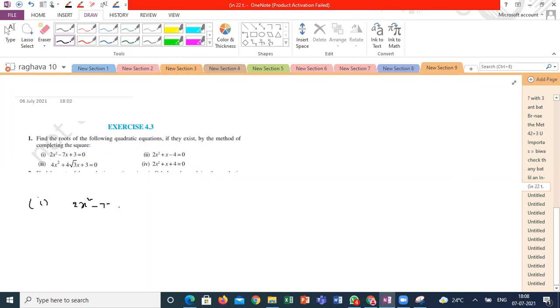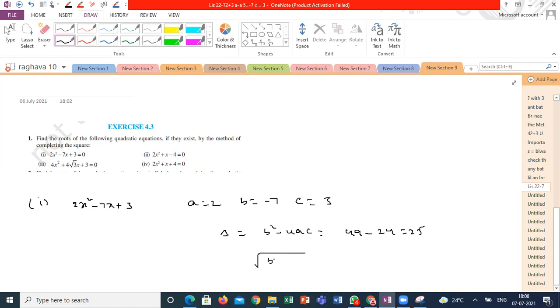2x square minus 7x plus 3. A is equal to 2, b is equal to minus 7, c is equal to 3, and delta is equal to b square minus 4ac, 49 minus 24, it is 25. So root of b square minus 4ac is equal to 5.